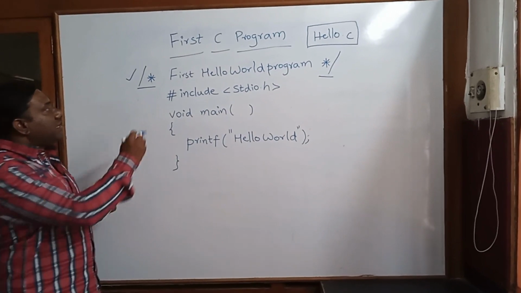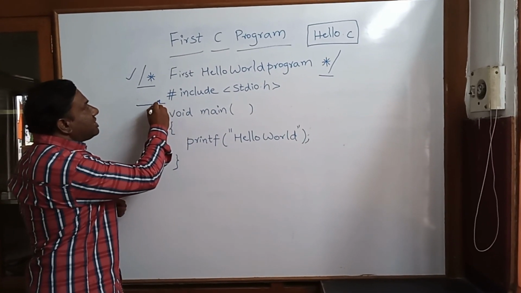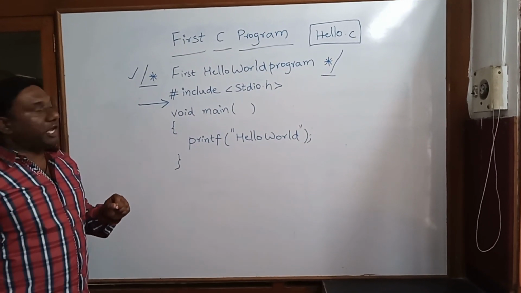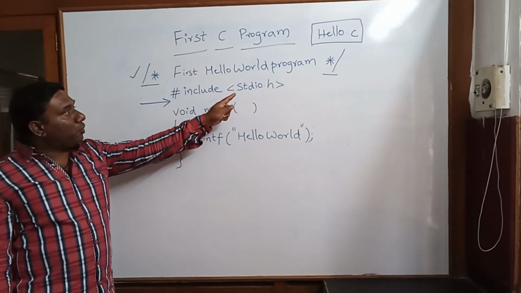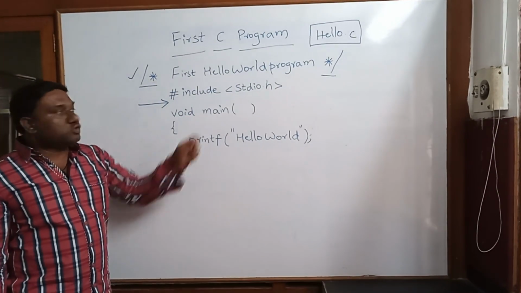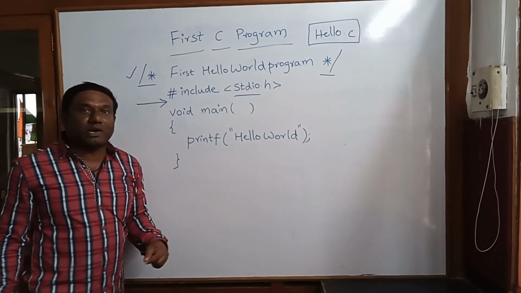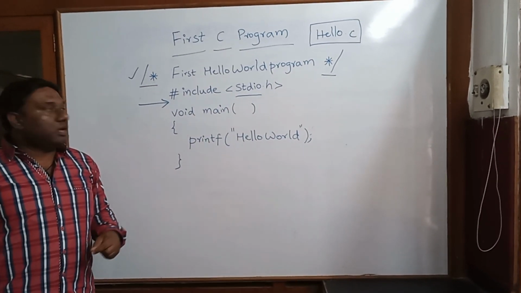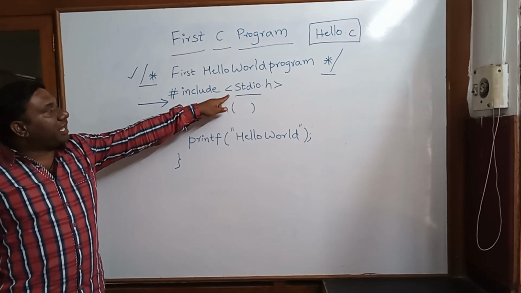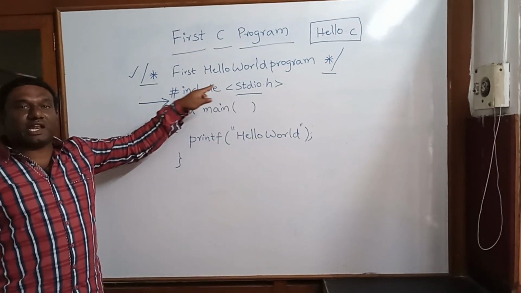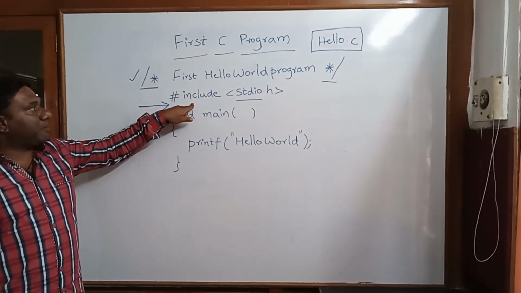The next statement is your linking statement. That is, we are including the stdio.h header file. This is your standard input output header file that we are including in our program using the include statement.